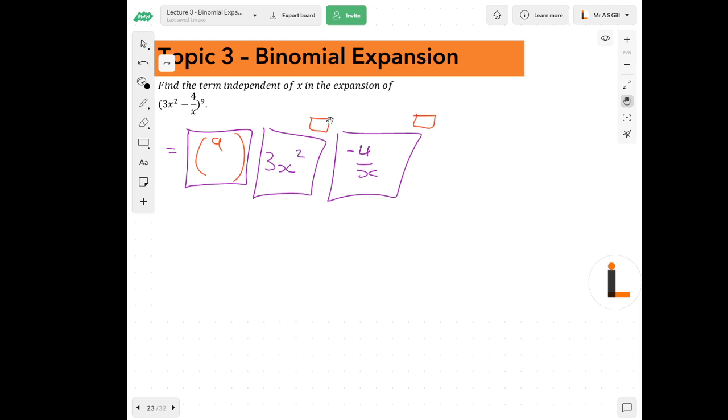This must be double this in order to account for the fact that this will be doubled when we take it inside this box here. So we now have a bit more information. This must be double this power, and they must still add up to 9. So you need two numbers that add up to 9, one of which is double the other one.